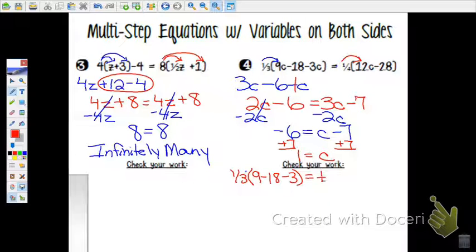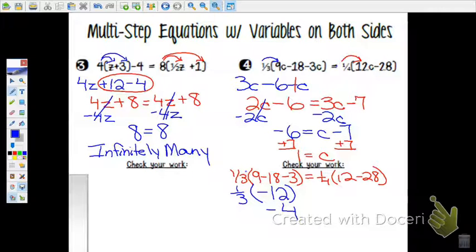On the right side, 1/4 of 12 minus 28. So if I combine my terms inside my parenthesis, 9 minus 18 is negative 9, minus 3 is negative 12. Negative 12 divided by 3 is negative 4.